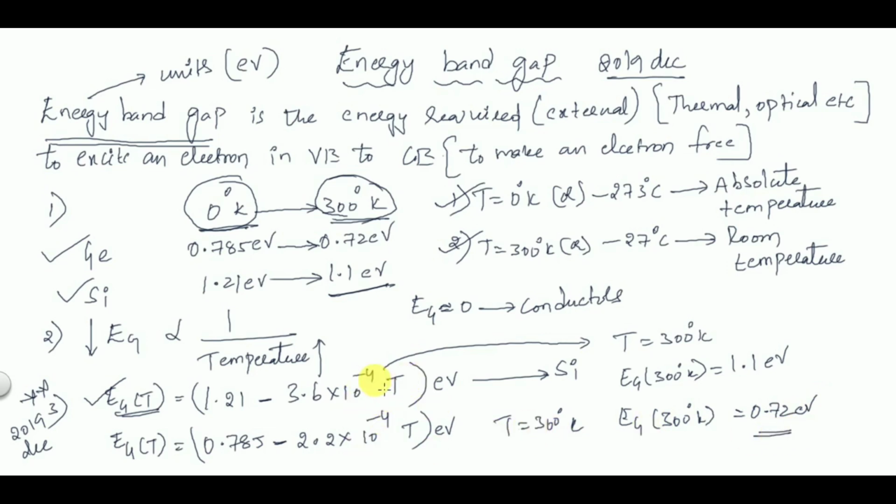When you substitute T equal to 0, that is at absolute temperature, you will get 1.21 and 0.785 respectively. Okay, this type of question is asked in previous exams, so remember these points.